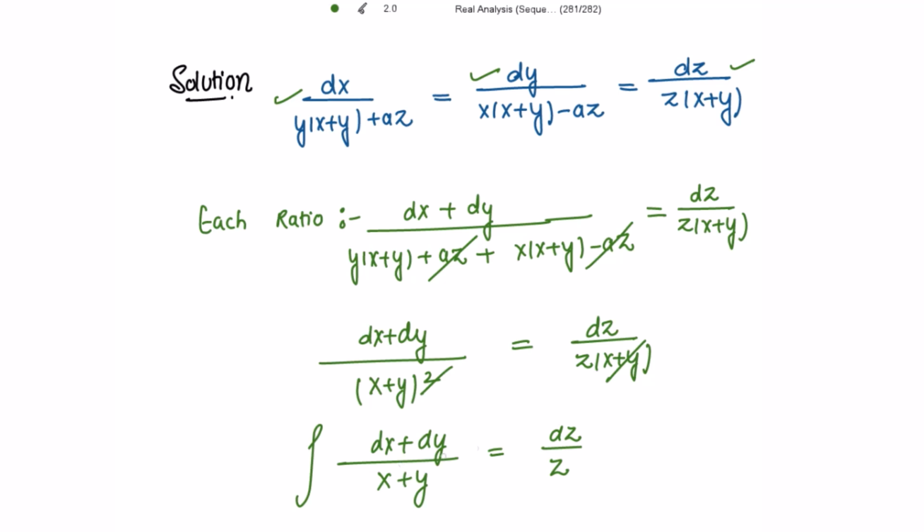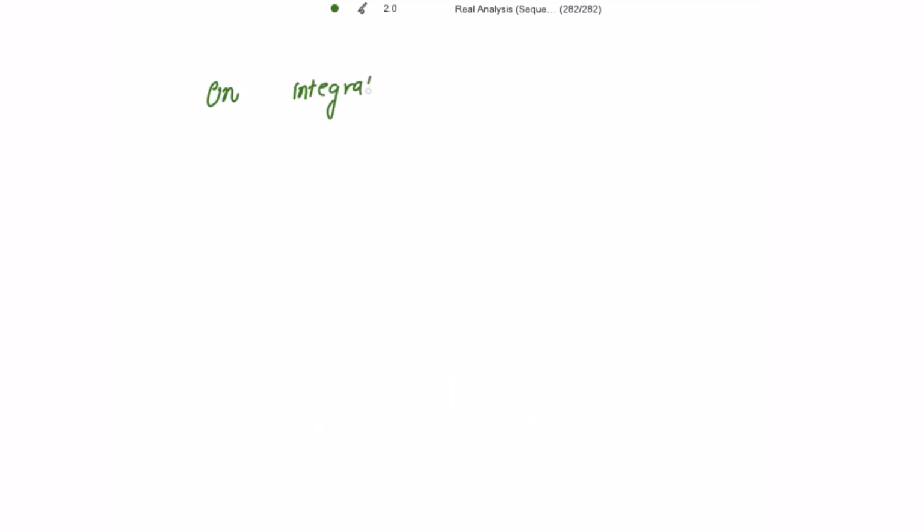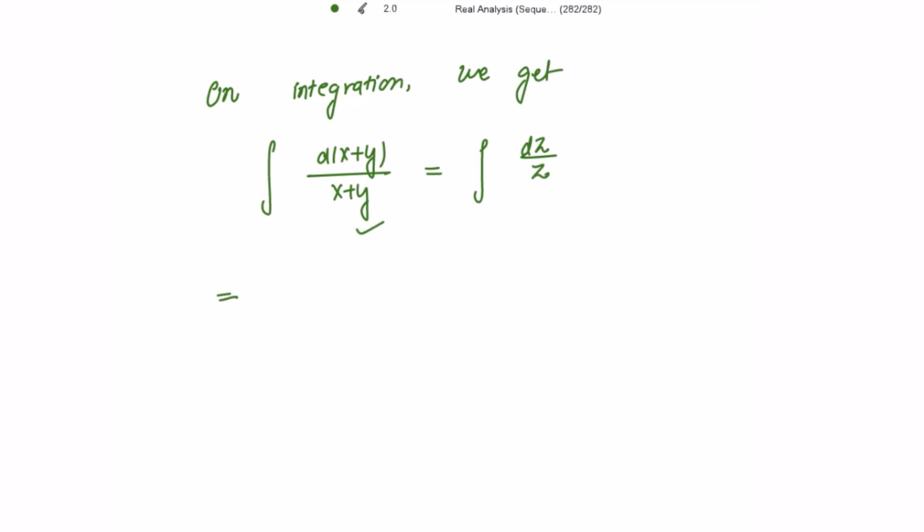And then we have to take the integration on both the sides. On integration, if I integrate this with respect to x plus y, we get log of x plus y, equal to integrating this with respect to z, we get log of z, plus the constant I'm taking, log of c1.